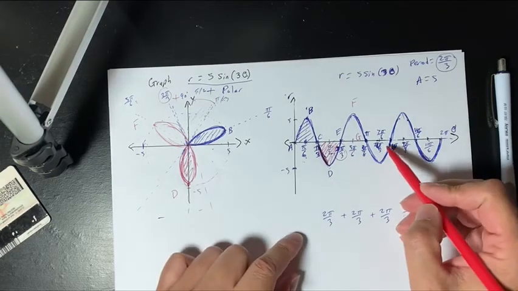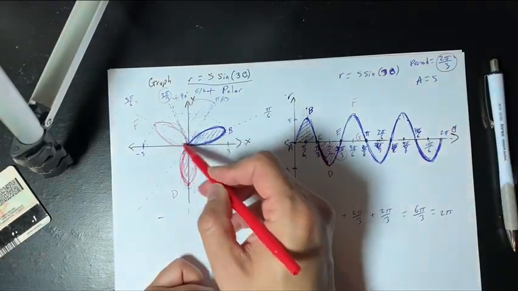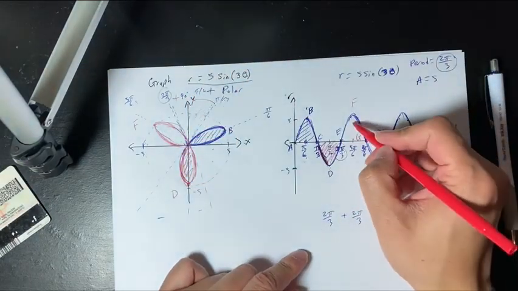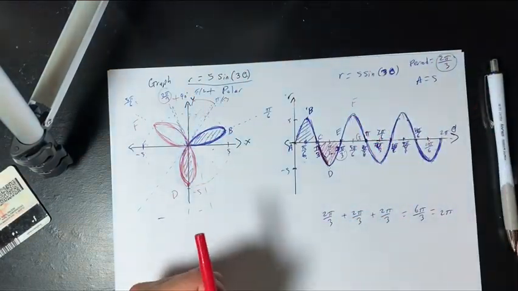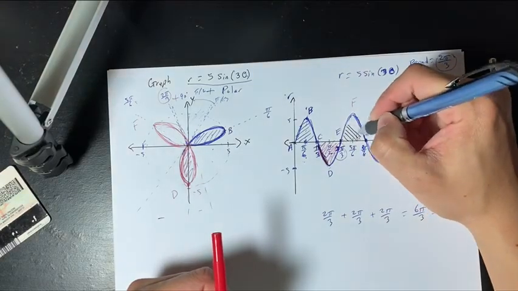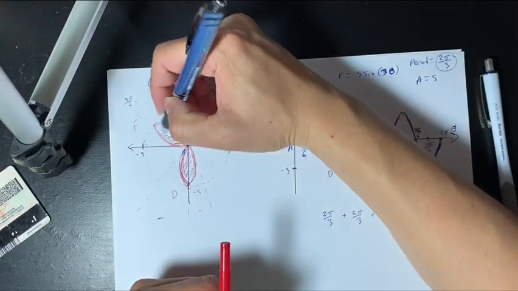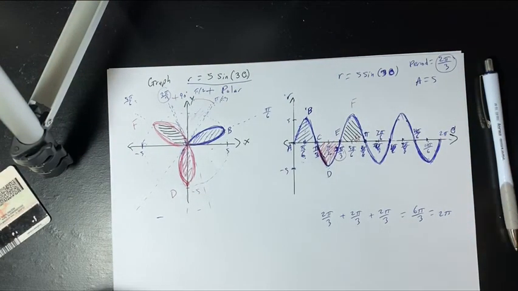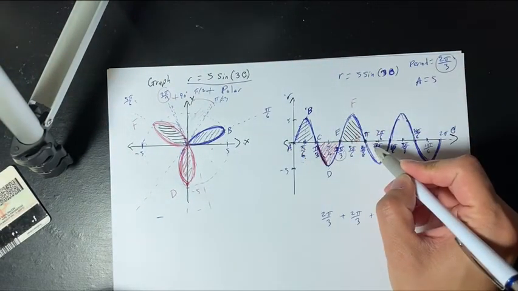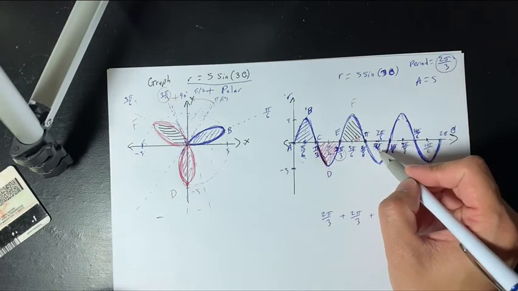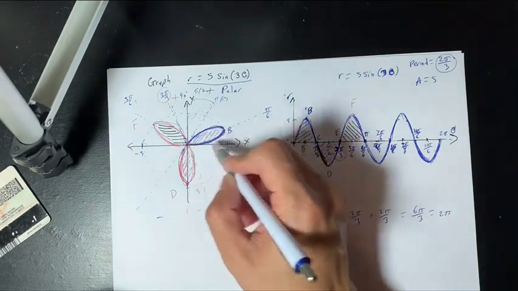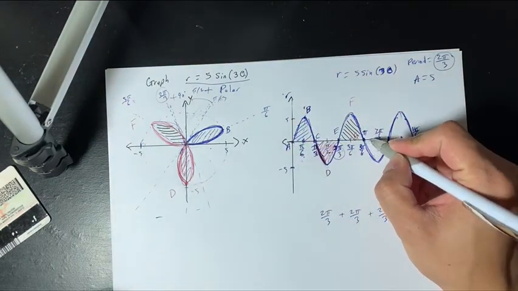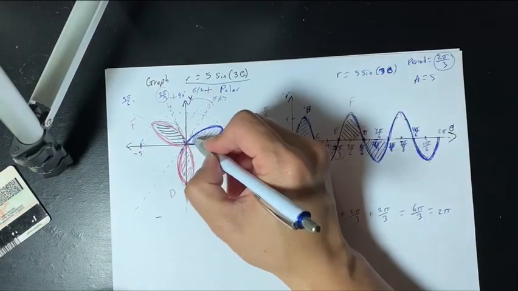It turns out the last 3 petals will just kind of overlap. So this guy is this guy. And when you move on to the next petal, even though it is a new one, it's going to overlap with the first one. And I'll let you confirm that yourself. But this would also be in here.